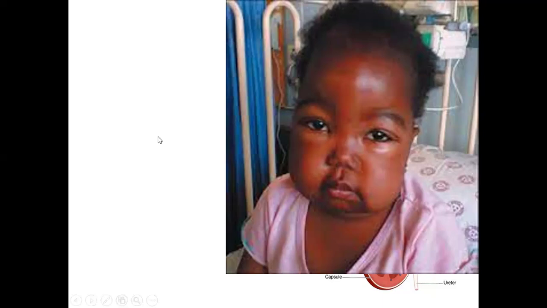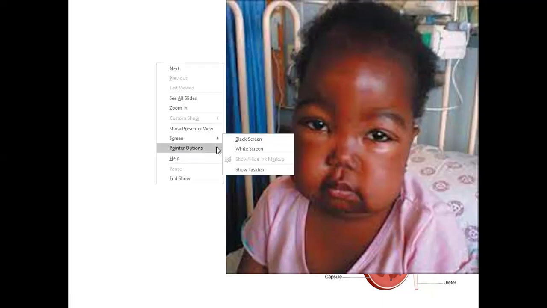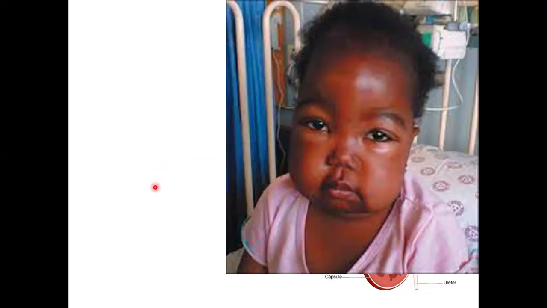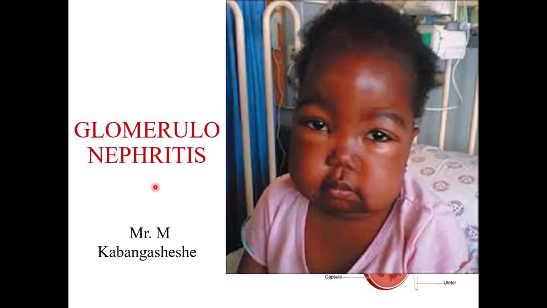What I want you to quickly remember is the functions of the kidney. So functions of the kidney are quite many. Most importantly, this is the organ of excretion. It's the main organ of excretion, meaning most of the things that we eat, especially converted in fluid state, beverages, drinks, tea, and so on and so forth, regardless of what substance, it has to be excreted out of the body.